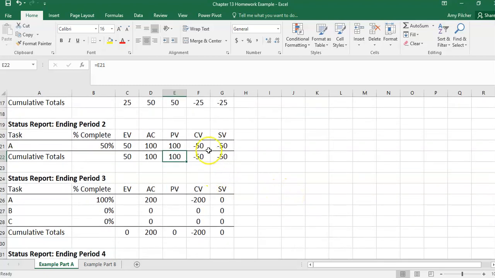At the end of period 3, we are completely finished with A. So we have 100 of A finished at our value of 100.